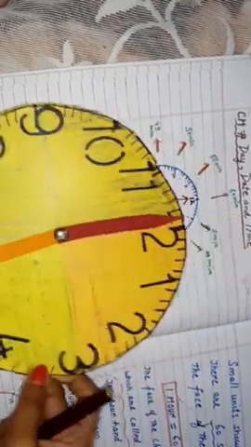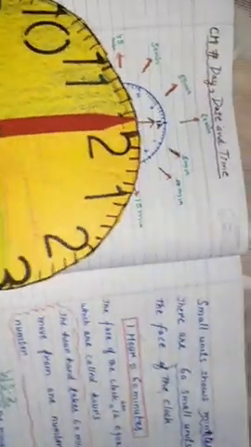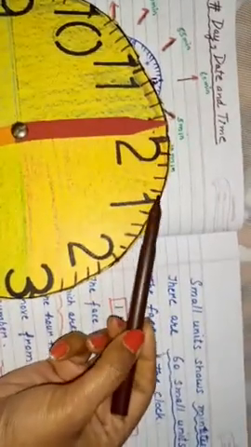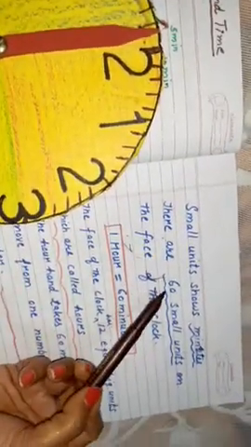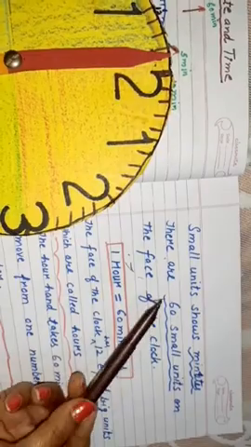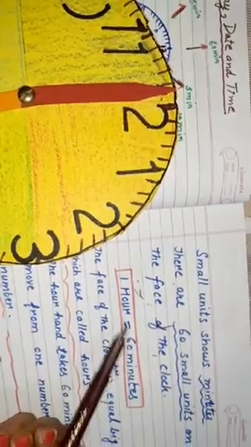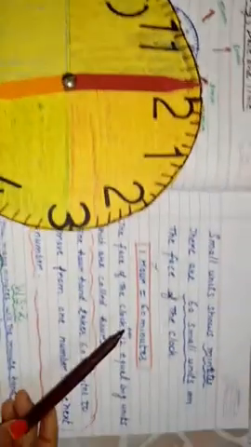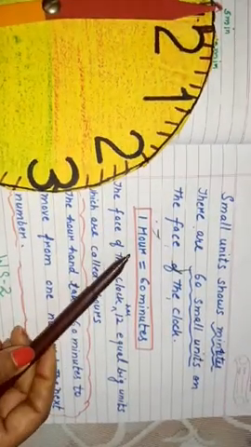So we call these small units minutes, and there are 60 of them. When the minute hand covers one round, it is 60 minutes, and we call it 1 hour.